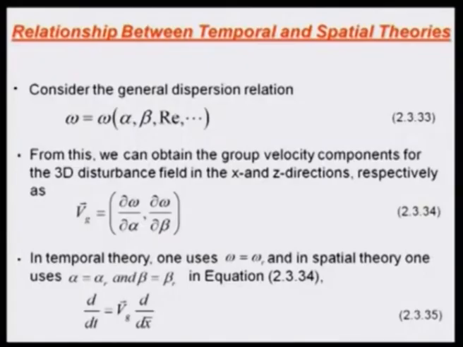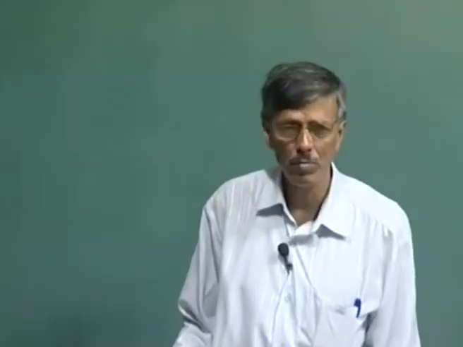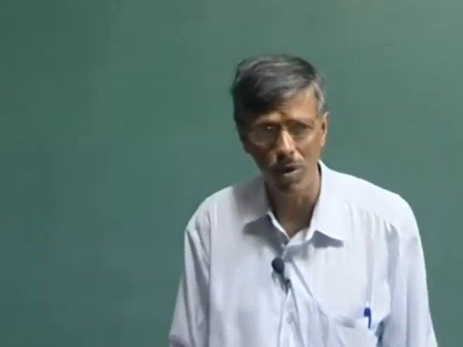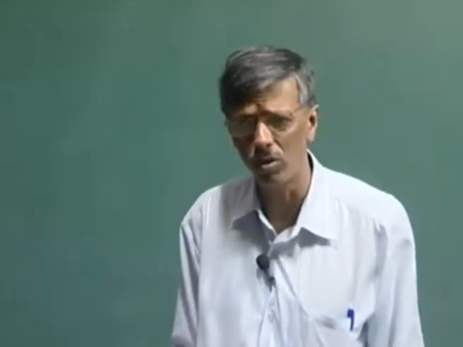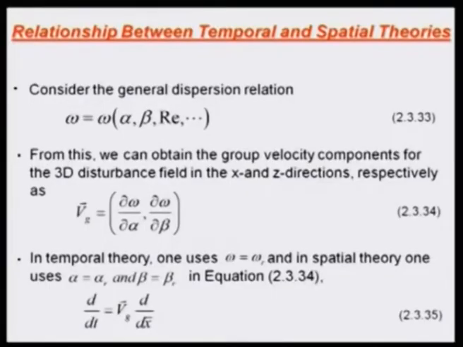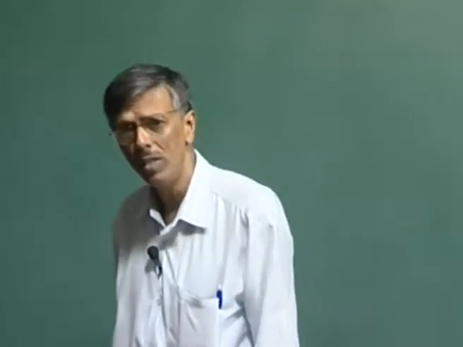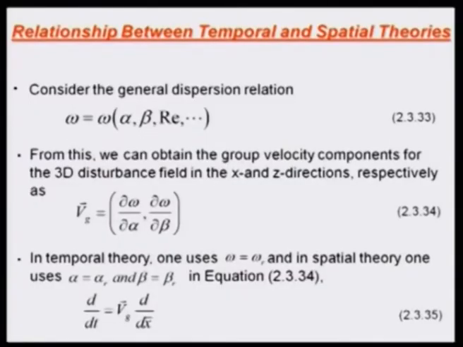Historically, people found solving the temporal problem easier for two dimensional problems, although there is not much of a difference between spatial and temporal theory. But suppose you are looking at a 3-dimensional flow, then you can get away from those complexities of defining psi and psi bar.